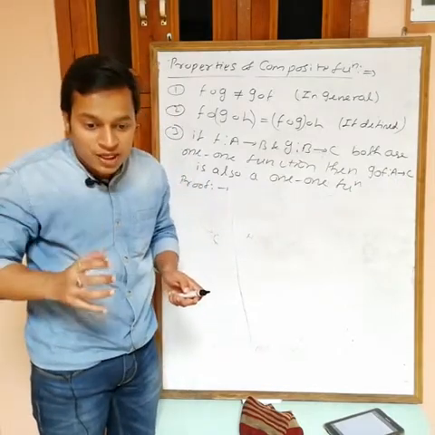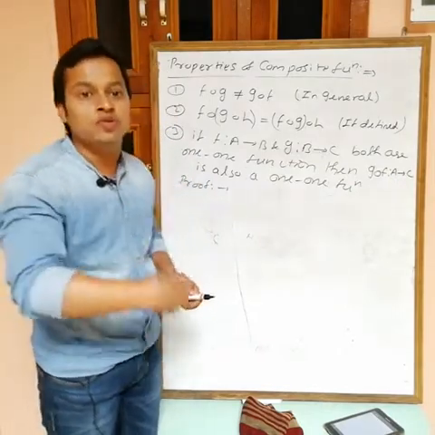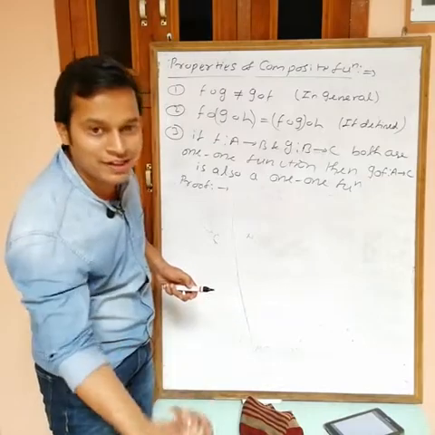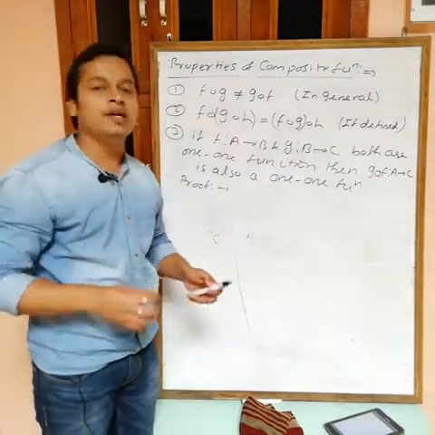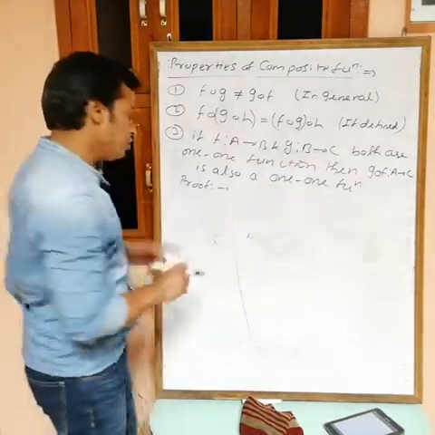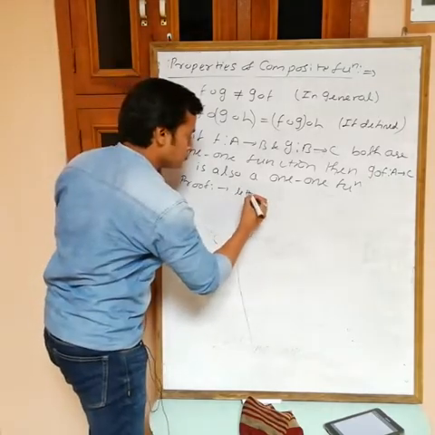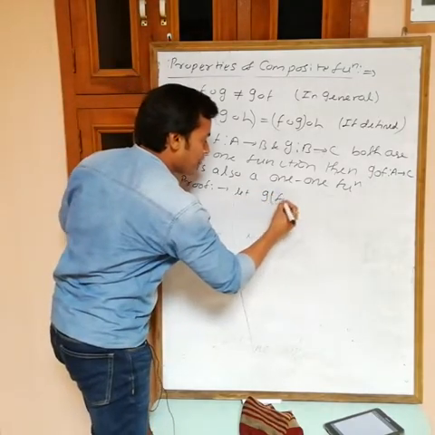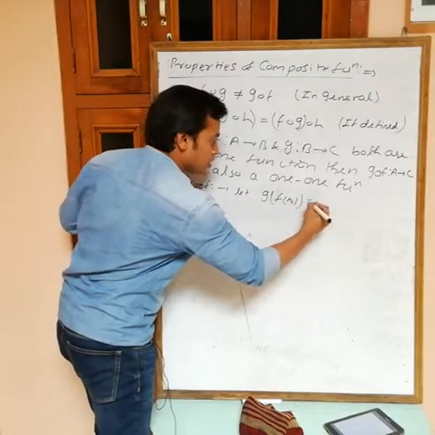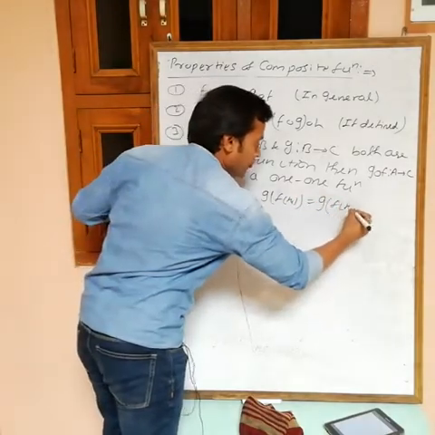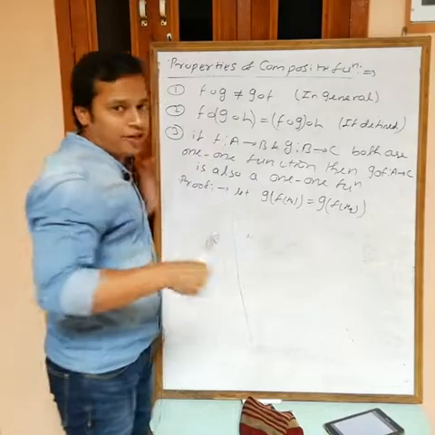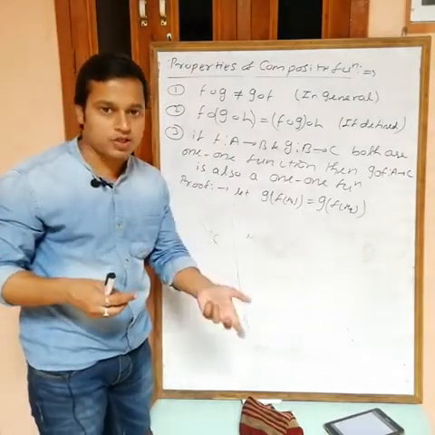So if from g of f x1 equals to g of f x2, I will get x1 equals to x2, then I can say that GOF is 1 1. So g of f x1 is equal to g of f x2. From f x1 equals to f x2, if we are getting x1 equals to x2, then function is 1 1.